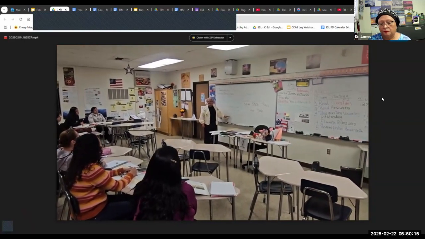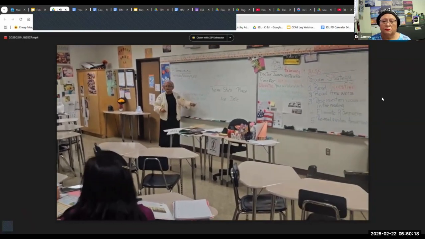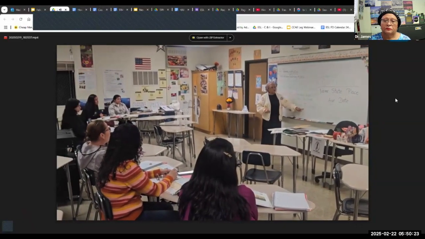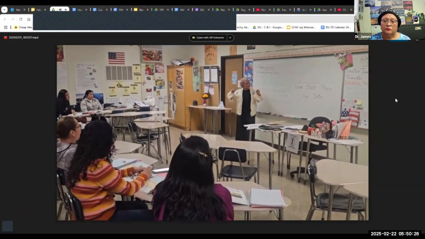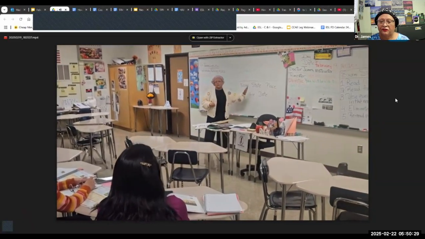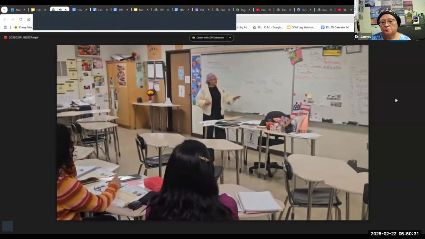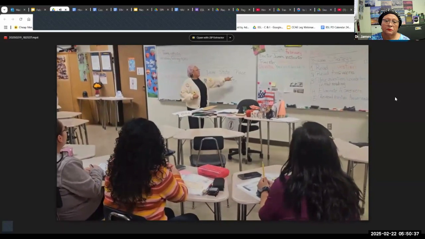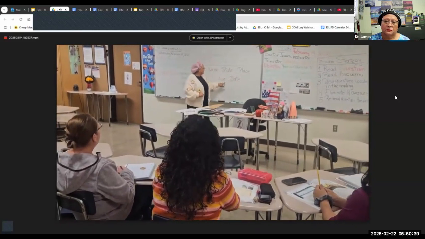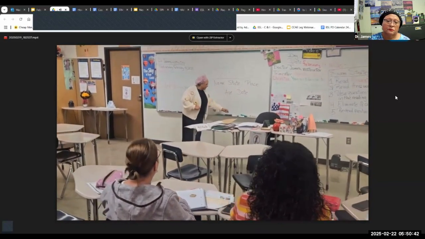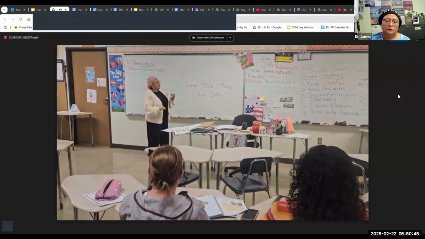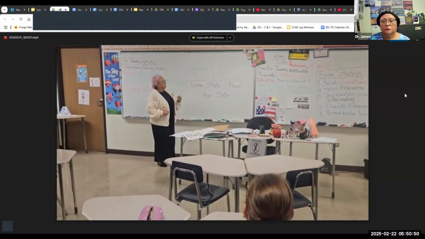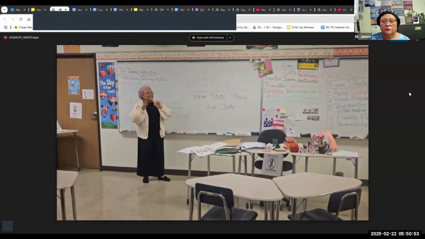This is called the long A, and you put a line over the letter to make it look like a long sound, which is how they're going to mark or annotate it. When you have an E at the end, it makes the vowel say its name.